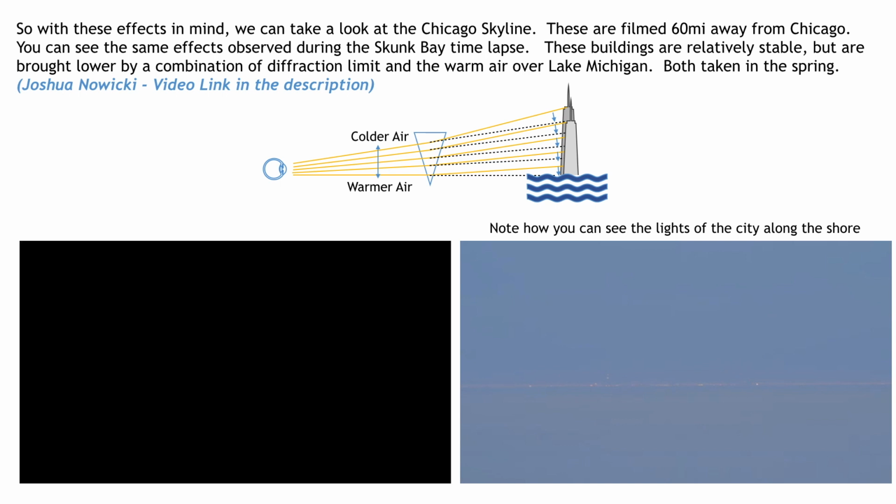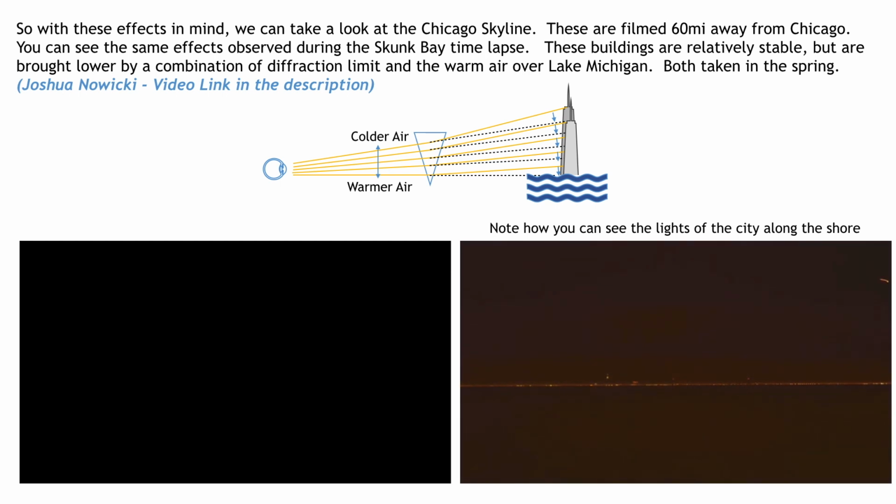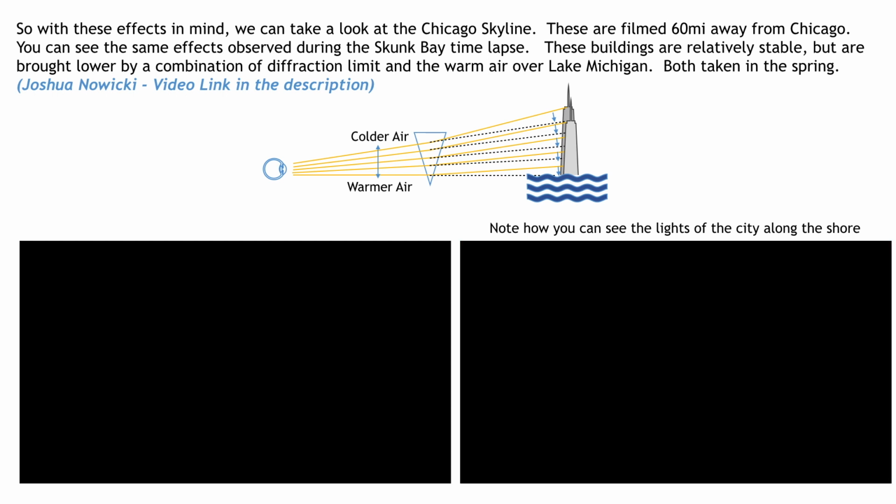This one over here on the right, you can almost see the entire city of Chicago 60 miles away, just kind of lit along the water line. And you can see the Willis Tower and some of the other skyscrapers along it. And again, this is 60 miles away, which is around 2,000 feet of curvature. The tallest building is less than 2,000 feet in the Chicago skyline.